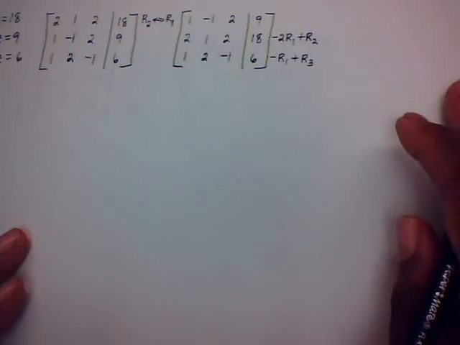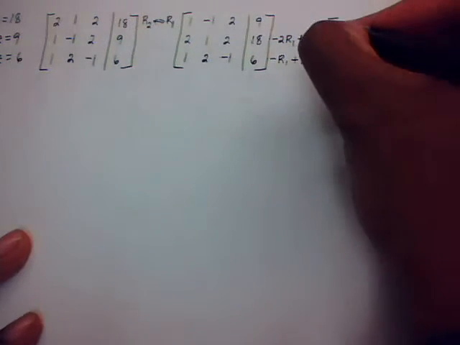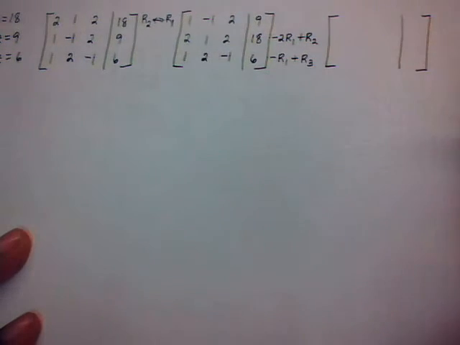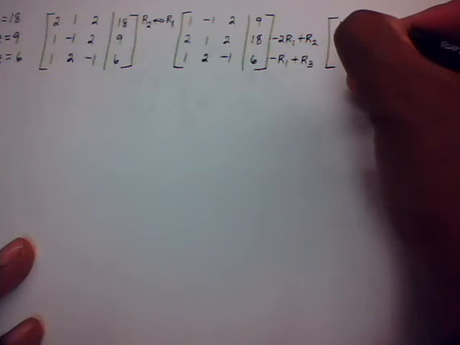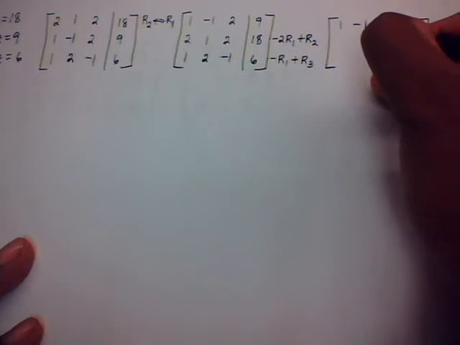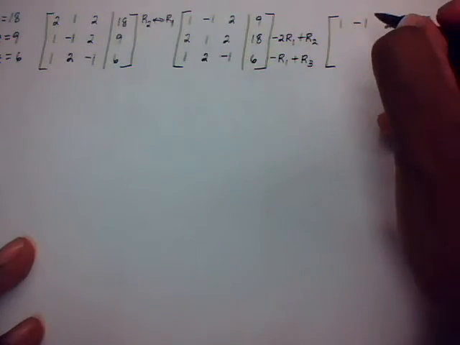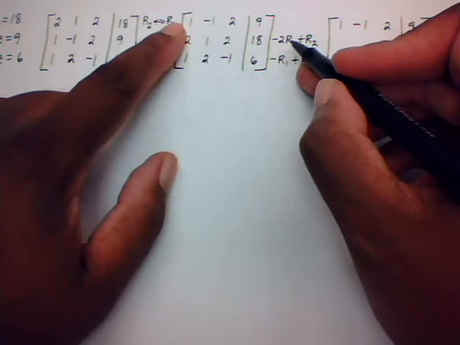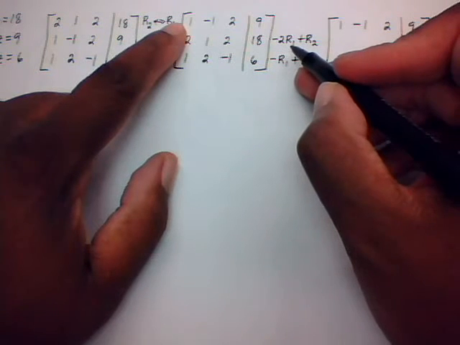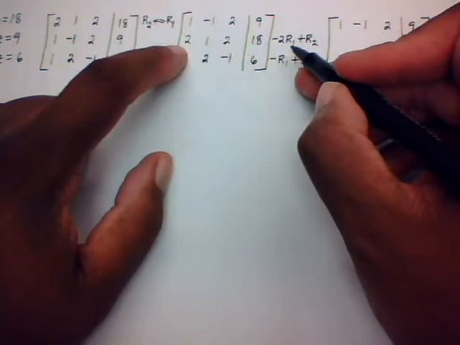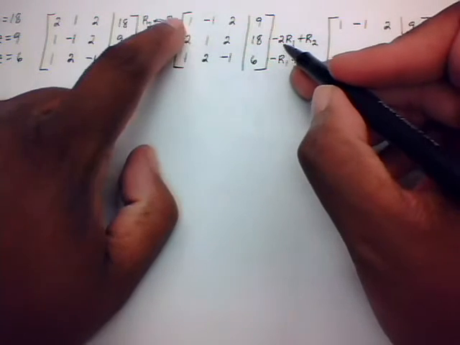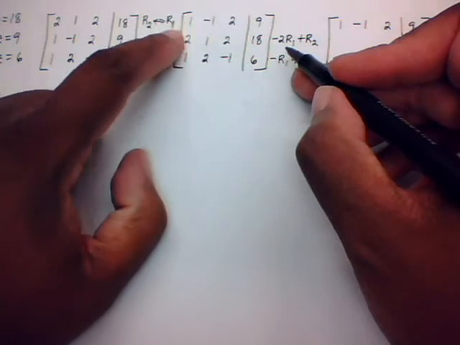Okay, so now here's what I'm going to have for this next matrix here. The first row remains the same, so I'll bring over the 1, negative 1, 2, 9. But for the second row, it's going to change. Negative 2 times row 1. Each element in row 1 will be multiplied by negative 2, and then it'll be added to row 2. So negative 2 times this 1 is negative 2.